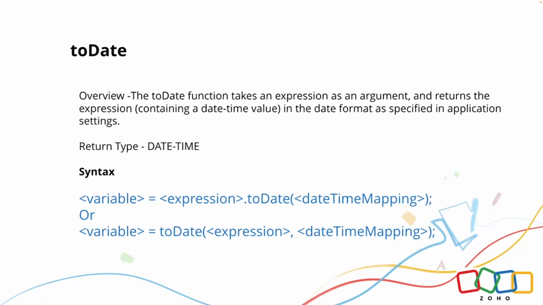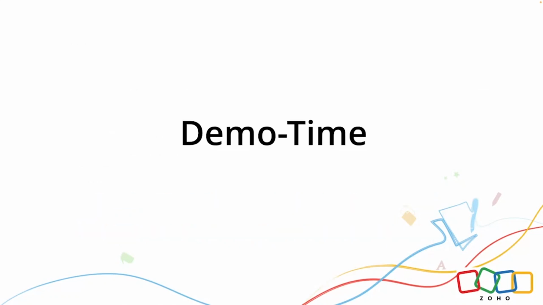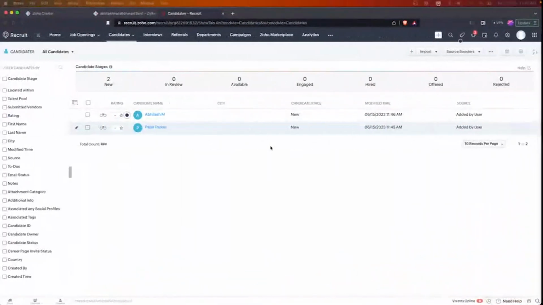So the syntax has been mentioned over here like variable, expression, toDate, and the date time mapping, right? So it is usually used to denote the date time components for which the values in the text stand for.